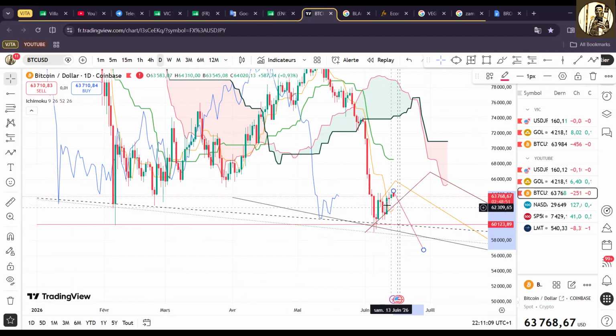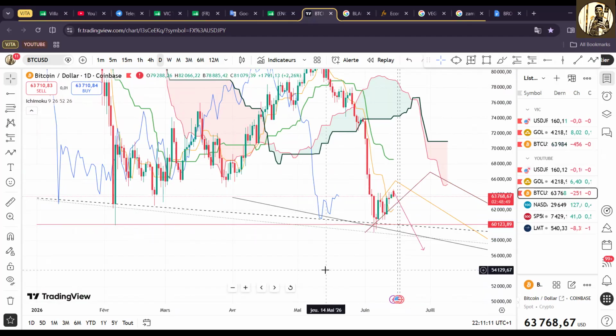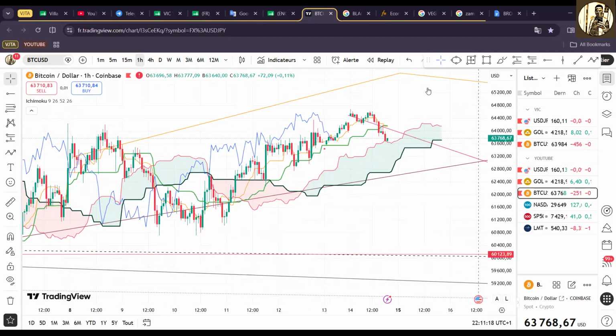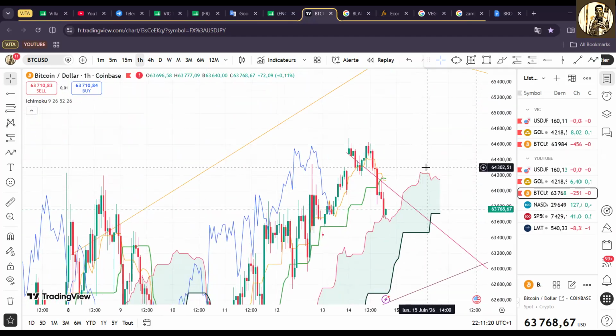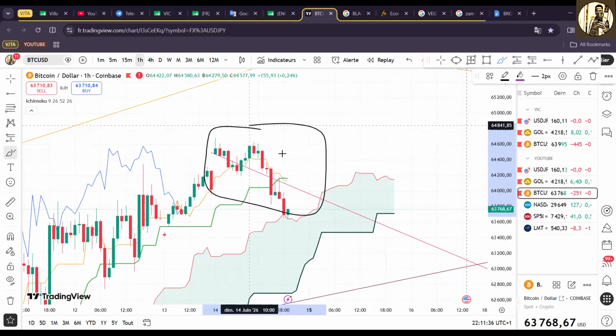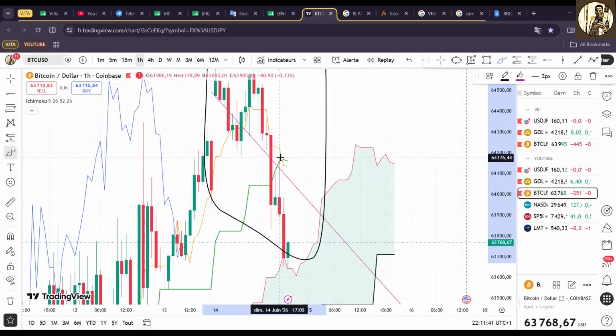Okay, let's just say we predict it this way, because when we go now on H1, on 1 hour, what we see is that in that daily zone, that Tenkan daily, we literally have a 1 hour Kijun bending to the downside now.